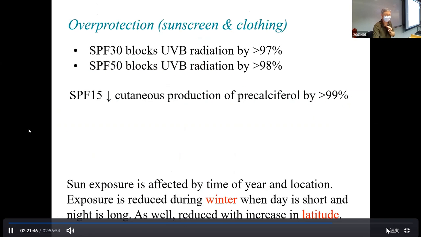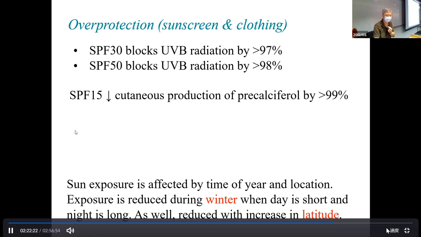Overprotection, too much sunscreen. When you have sunscreen that has a sun protective factor of say 15 or more, you basically block out the majority of the UVB. A sunscreen factor of 15 already will cause a reduction in the formation of the precalciferol by 99%. So applying sunscreen all the time is one important factor.